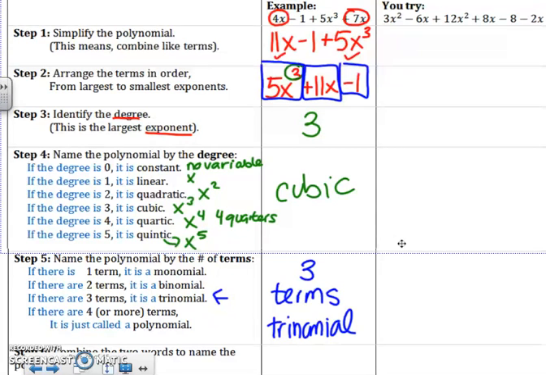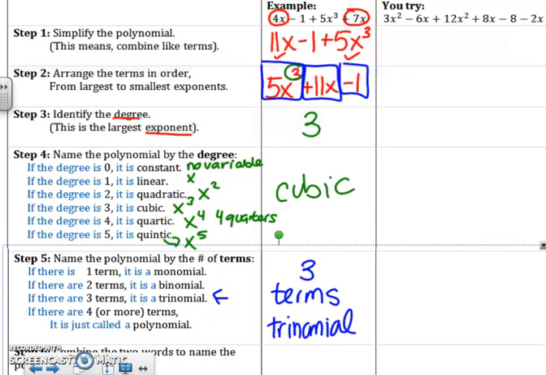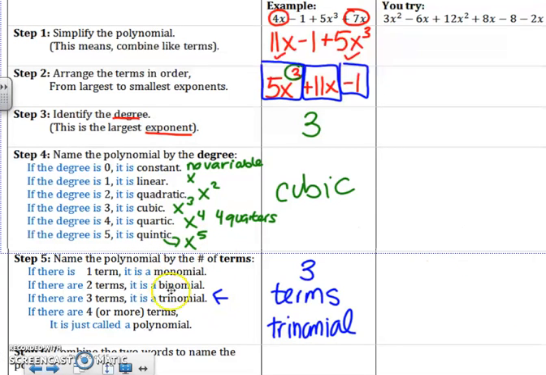A way to remember that is tri, like a tricycle has 3 wheels. Bi is a bicycle, which has 2 wheels. And if there's only 1 term, that's called a monomial. And then if it has more than 3 terms, you just call it a polynomial. So if it's got 4 terms, 5 terms, 6 terms, we just call it a polynomial because poly means many.